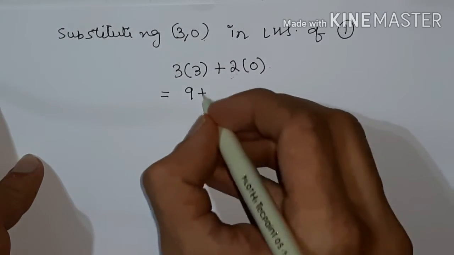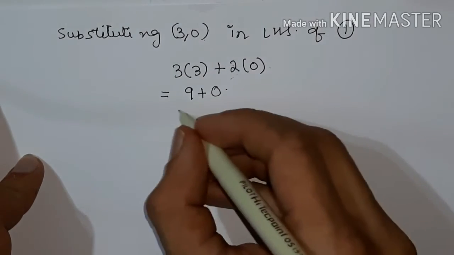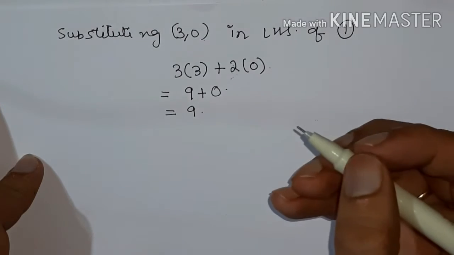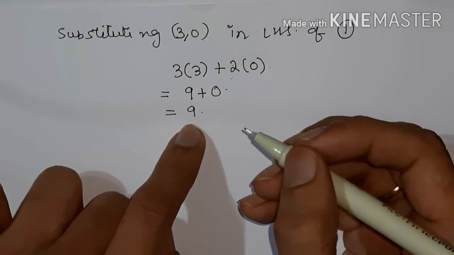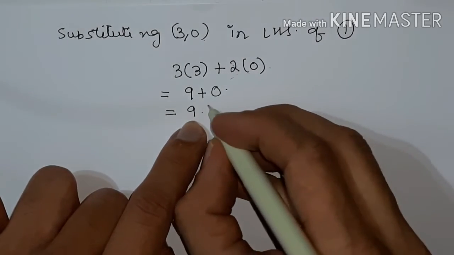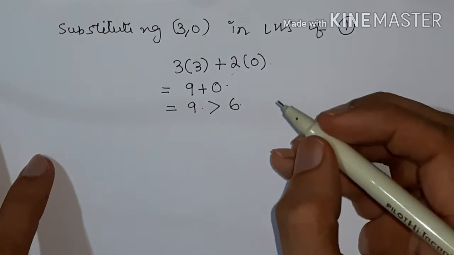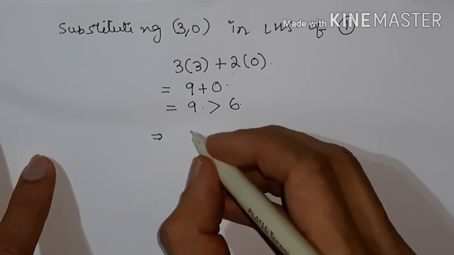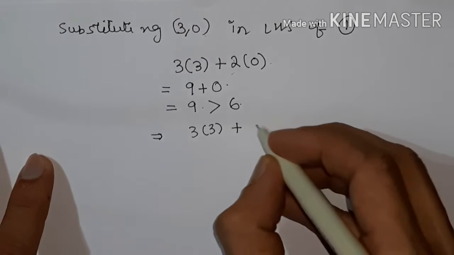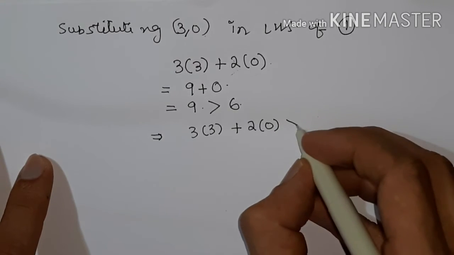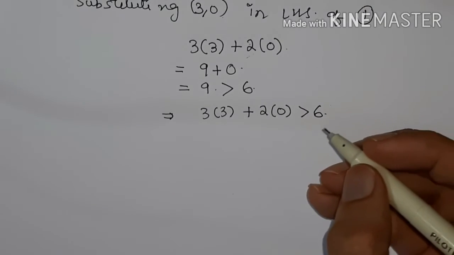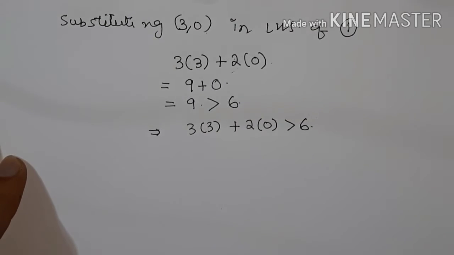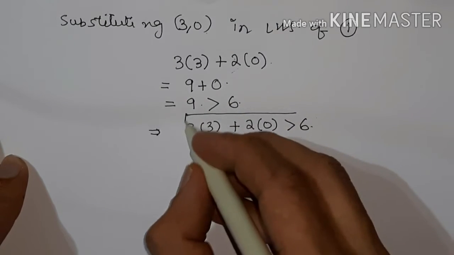It is 9 plus 0, which is 9. And you see that 9 is greater than 6, right? So what you got? 3 times 3 plus 2 times 0 is greater than 6.